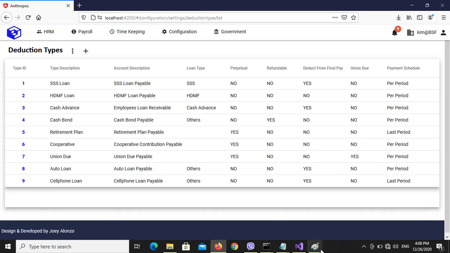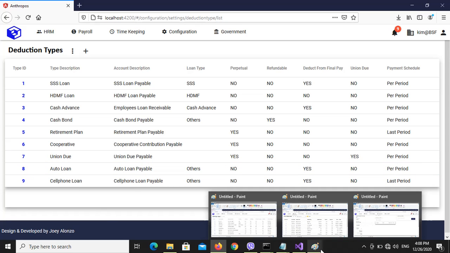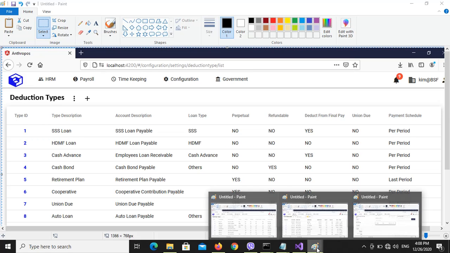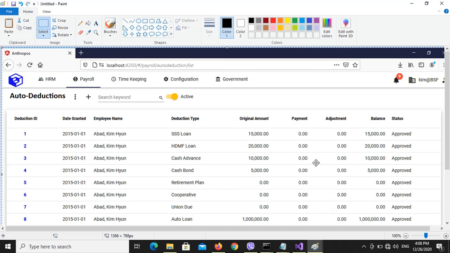So aside from that, you need to enter, of course, the deduction itself here. To know more about auto deduction, please watch my video regarding auto deduction. As you can see here, above Kim there are many deductions that were entered for her.